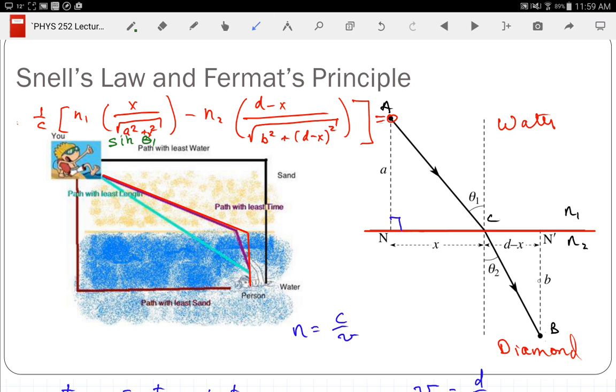With that in mind, the second term, d minus x, is this side right here, and the square root of b squared plus d minus x squared is this. So what can I replace this division with? Sine of theta 2. So now I'm out of space on this page. Once again, I'm going to copy the entire thing and bring it to the next page.